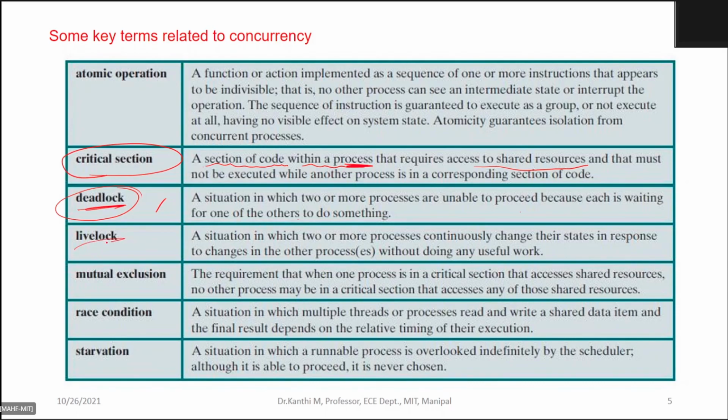And livelock, try to understand the difference between deadlock and livelock: a situation in which two or more processes continuously change their states in response to changes in the other process or processes. They keep changing, and because of that no useful work is done. That you call a livelock.